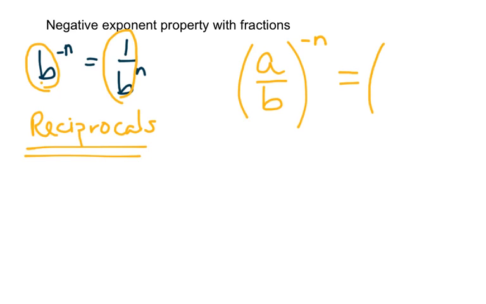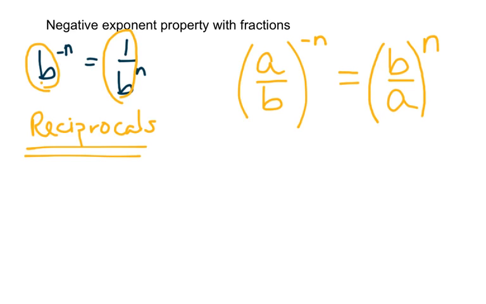The reciprocal of a over b is b over a. And because I took that reciprocal, the negative exponent becomes positive. So it's b over a to the positive n power.